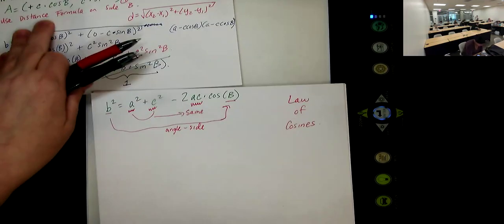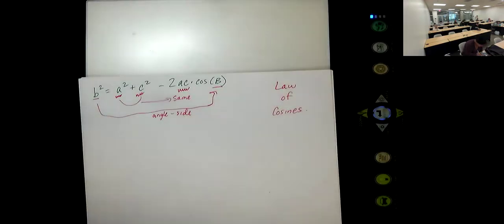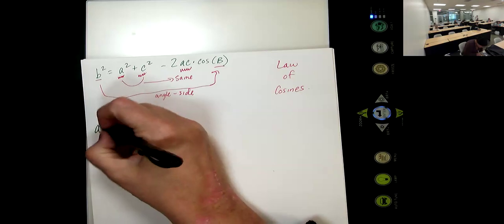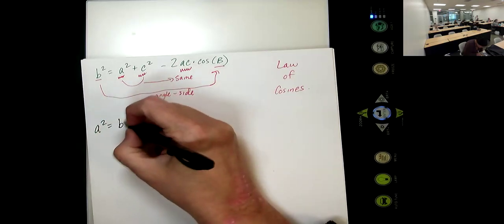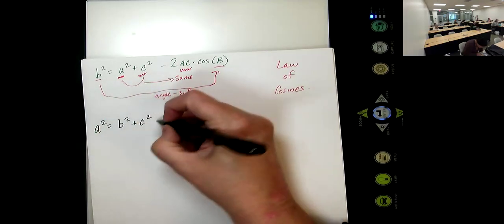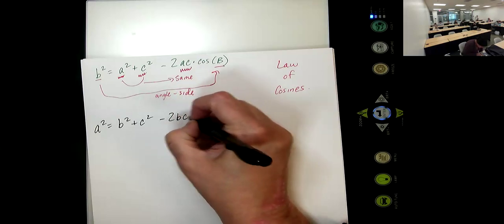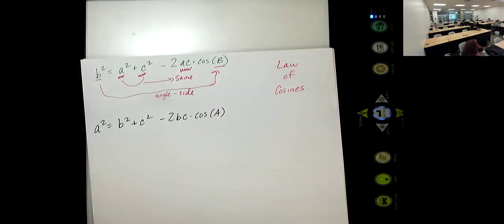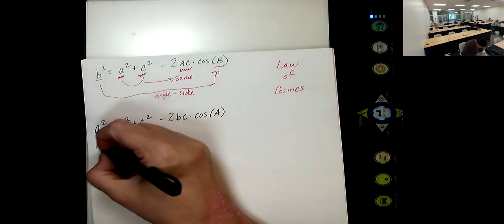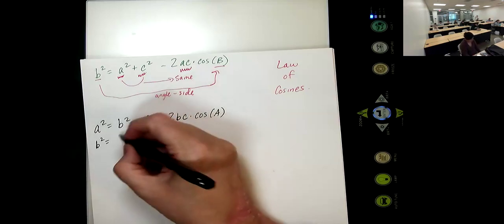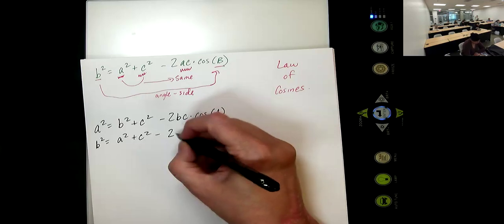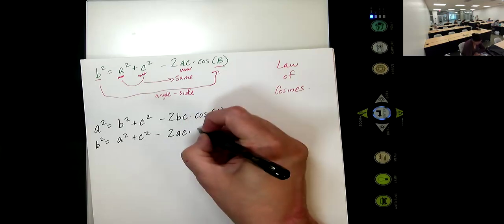So there are 3 forms of the law of cosines. I'll start with the one that says a squared. A squared equals b squared plus c squared minus 2bc cosine of a. B squared equals a squared plus c squared minus 2ac cosine of b.